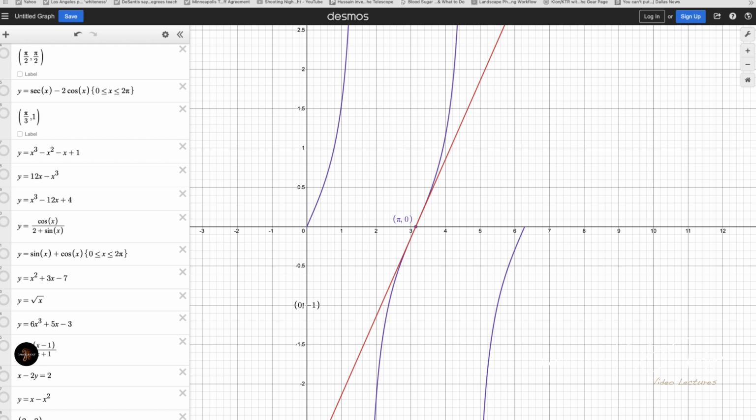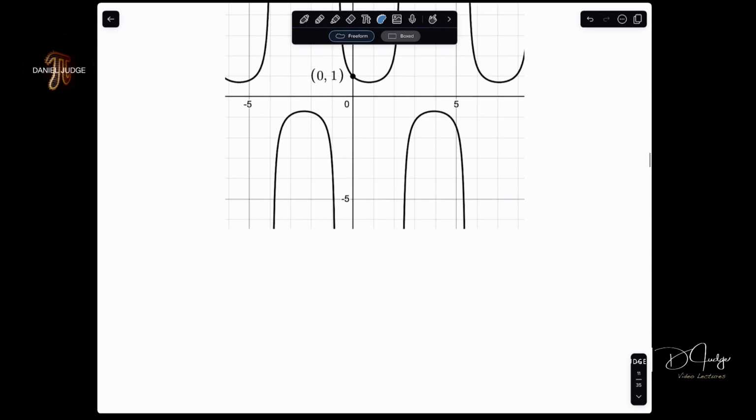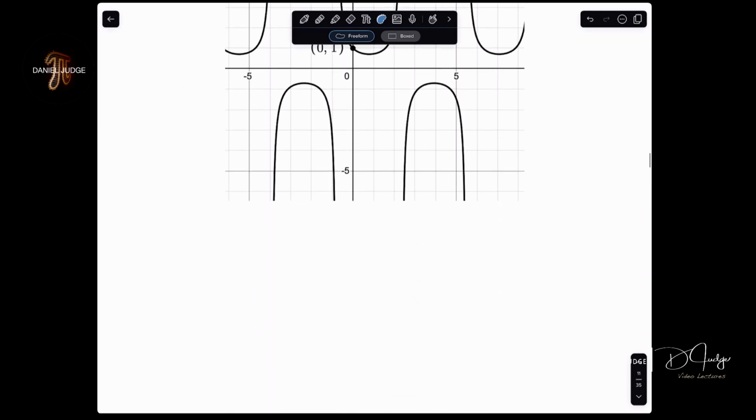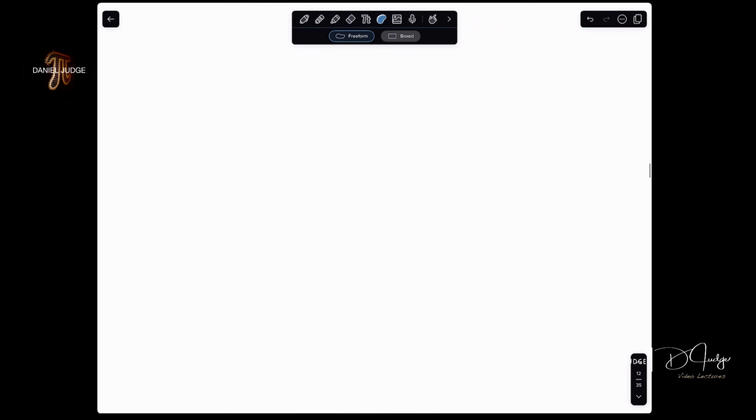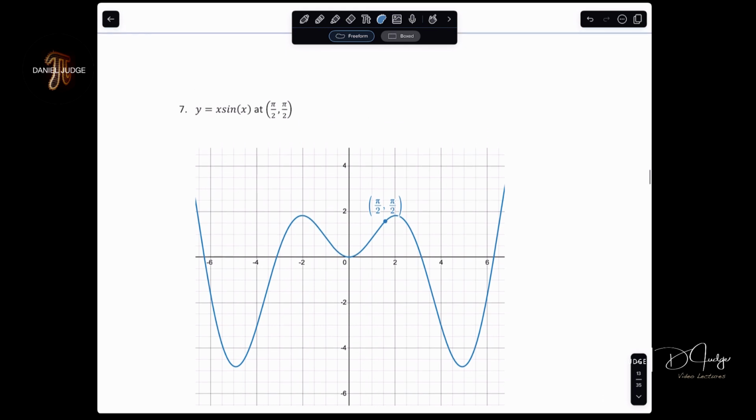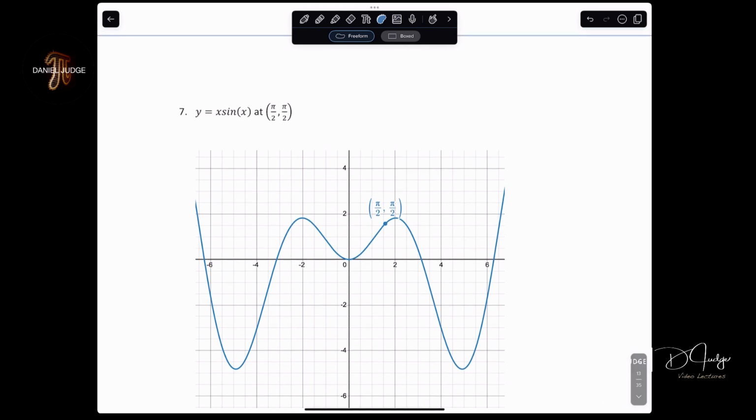All righty. So, okay, let's go back to the iPad. Here's question 6. We're going to do question 7 here. It's a nice question. The function's y is x sine x at pi over 2, pi over 2.